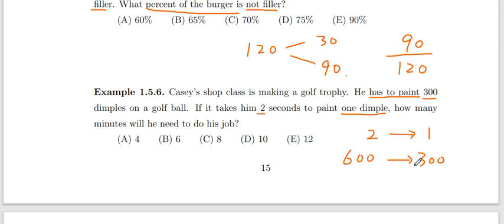to finish 300. So what is it in minutes? We just change this from seconds to minutes. So just divide by 60, like 1 minute equals 60 seconds.